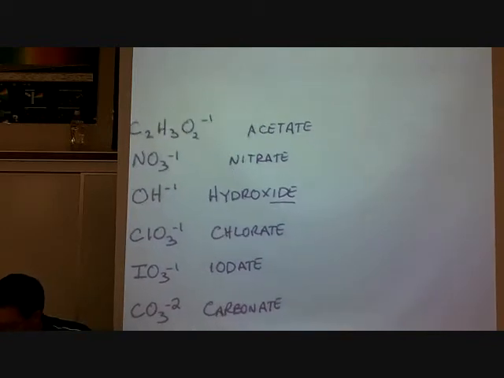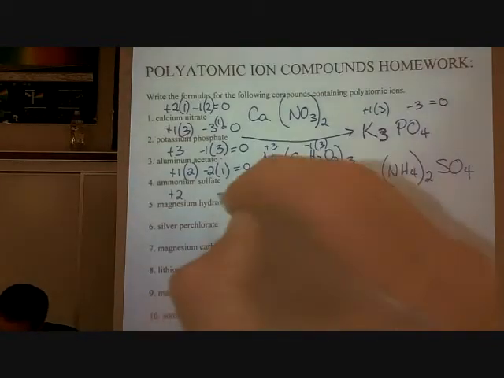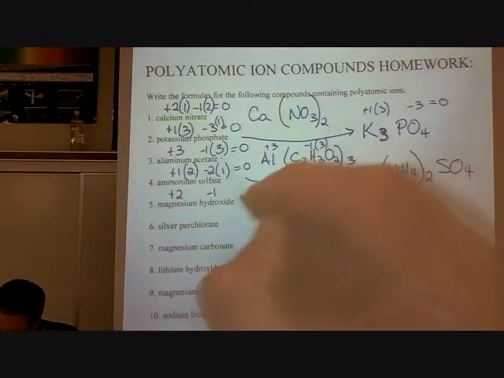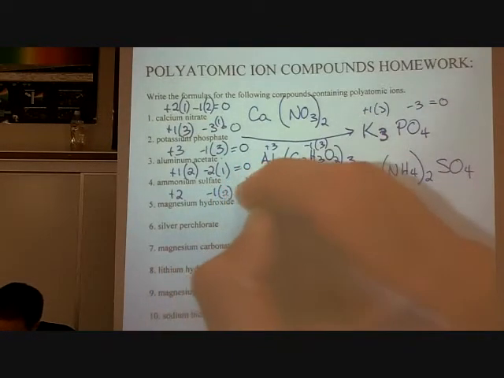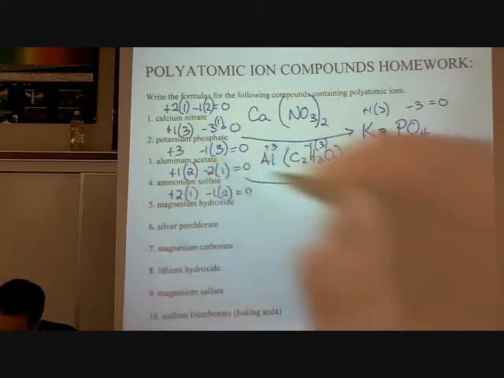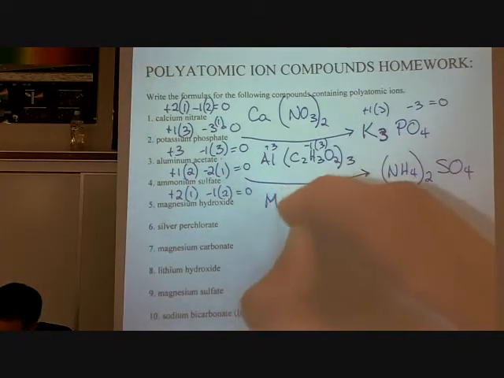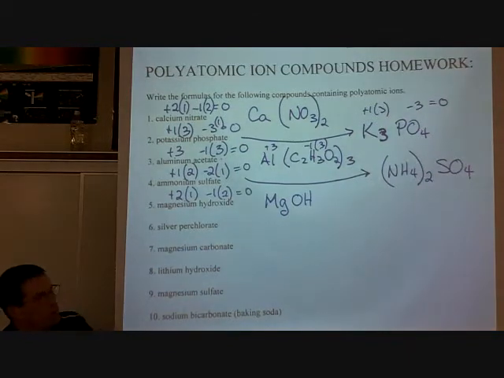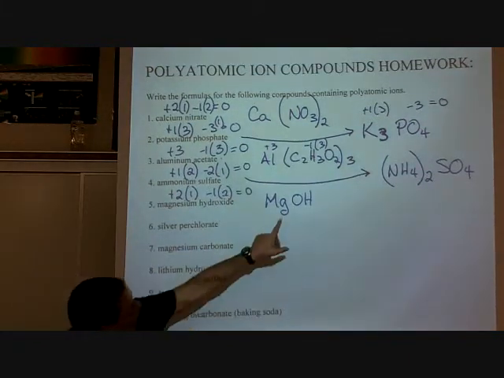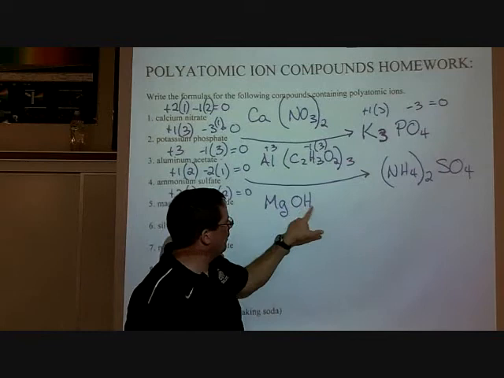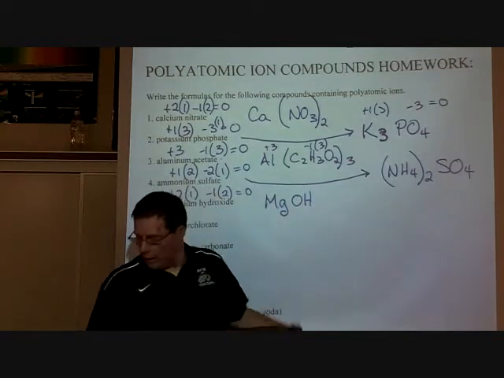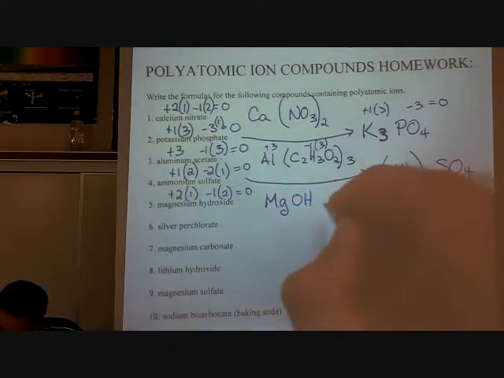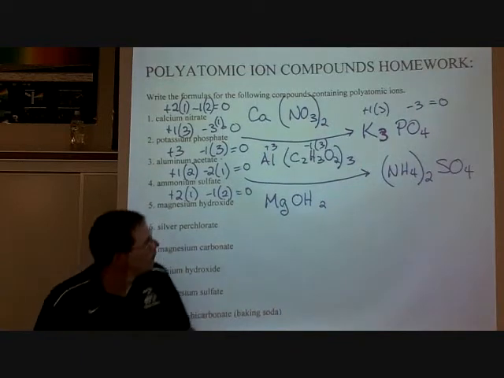All right. So hydroxide has a -1 charge. So algebraically speaking, we need 2 of those, and we only need 1 magnesium. So when we write out this formula, magnesium hydroxide, this is where a lot of students get into trouble because they think to themselves, well, since there's no subscript on this polyatomic, if I just write a 2 here, I'm going to be good to go.